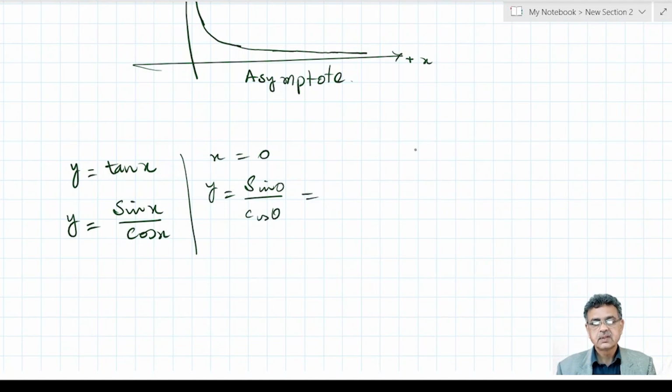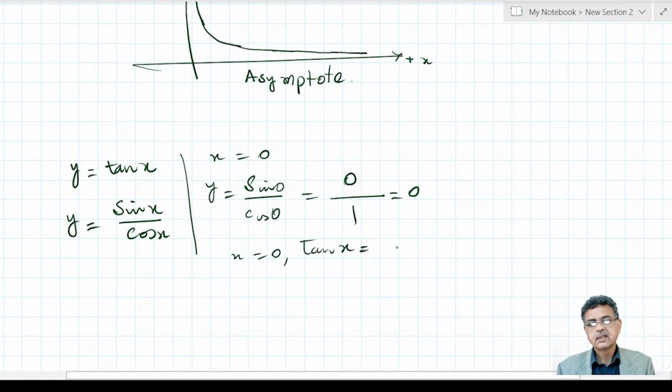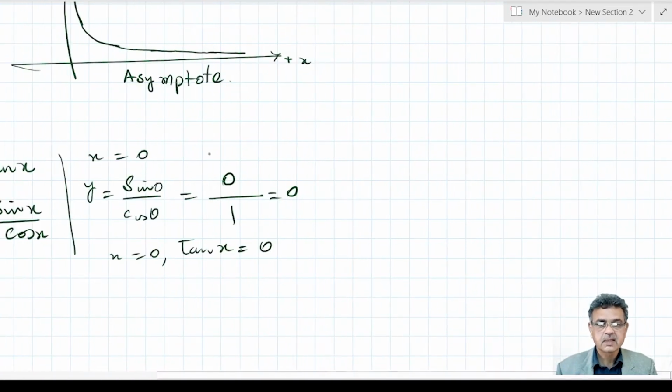The value of sine 0 is 0 and cos 0 is 1. So this will be 0. When x is 0, tangent x is 0.